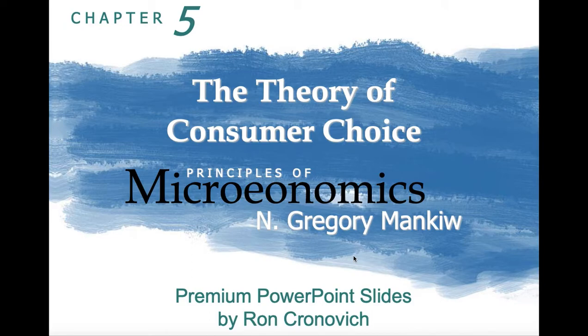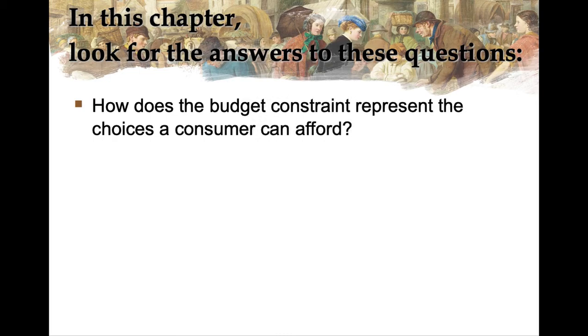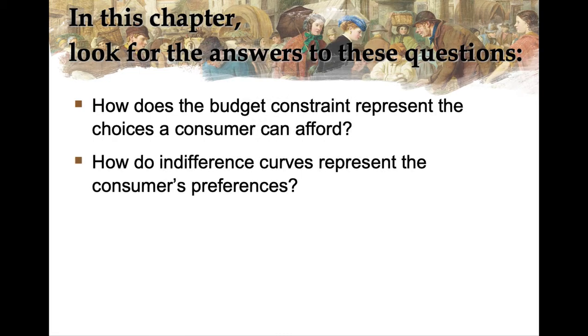So let's see. This chapter will answer the following questions. How does the budget constraint represent the choices a consumer can afford? How do indifference curves represent the consumer's preferences?